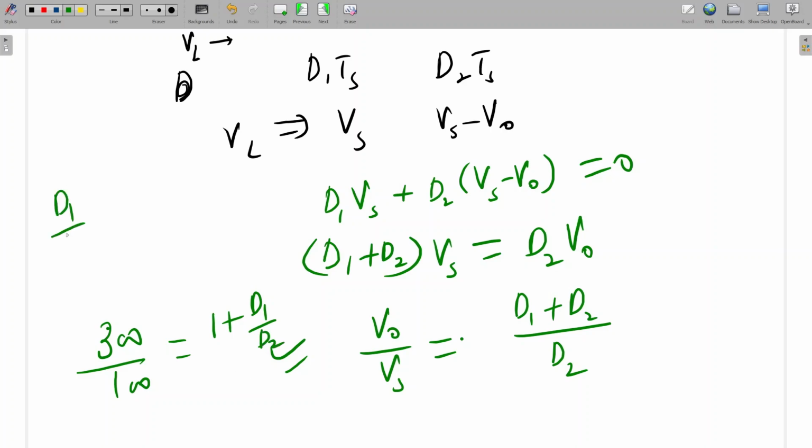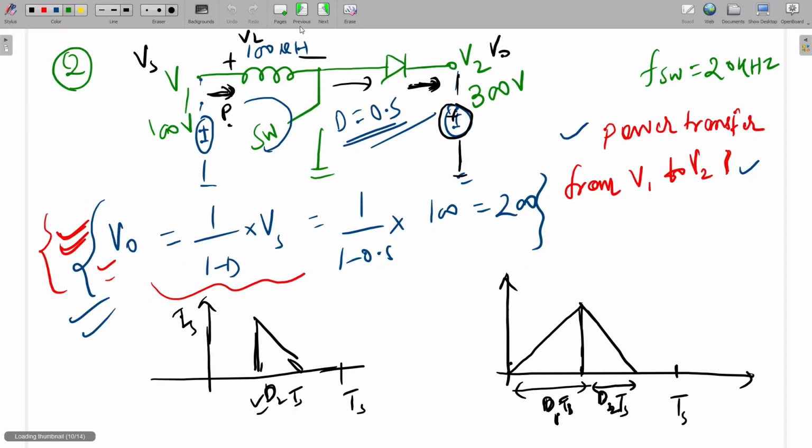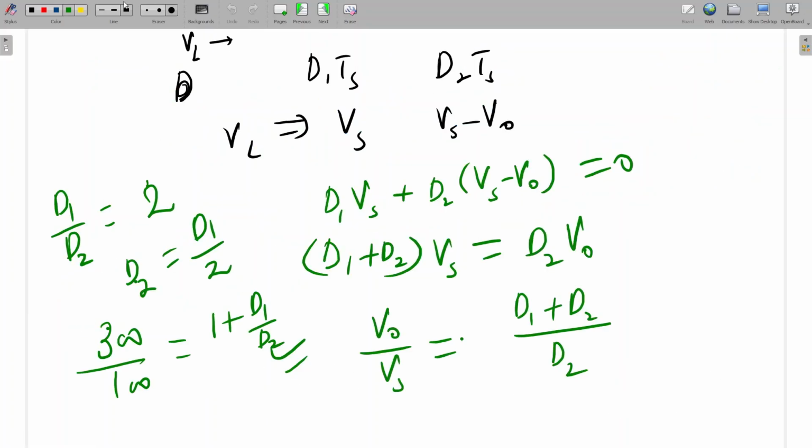And D1 by D2 will be 3 minus 1, 2. So D2 will be D1 by 2. Is it clear to all? 0.25, sir. Okay, what is the value of D1? D1 is already given as 0.5. Okay, so D2 will be 0.25.